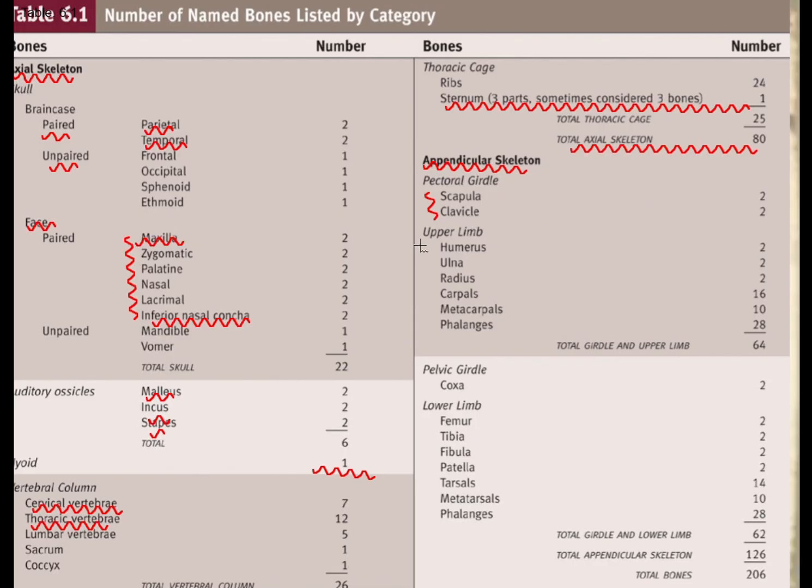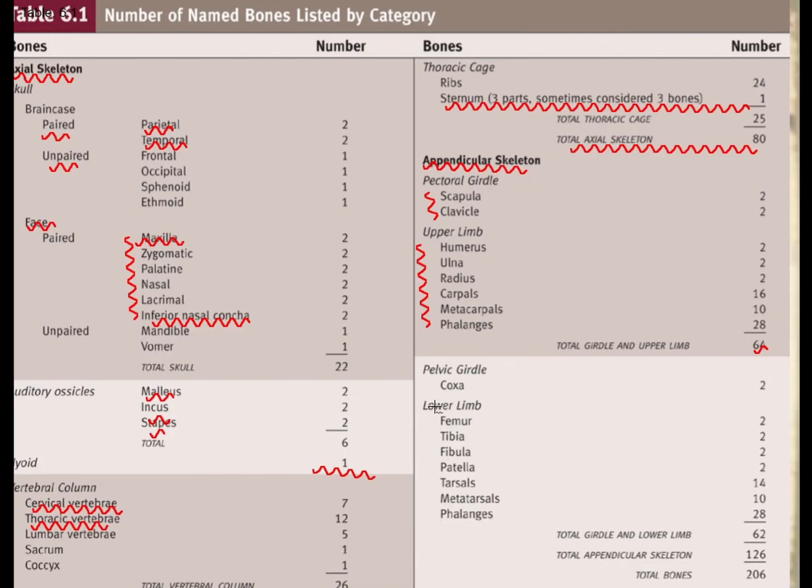Then the upper limb: humerus bone 2 in number, ulna 2 in number, radius also 2 in number, then carpals 16, then metacarpals 10, and then phalanges 28. So this is a total of 64 in number. Then pelvic girdle 2 in number, then coxa.